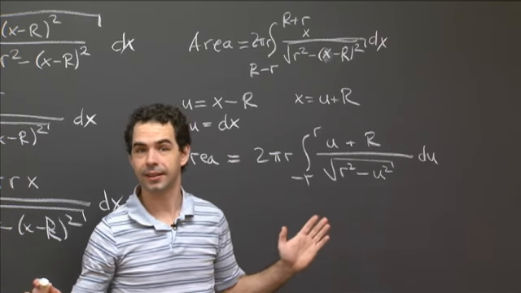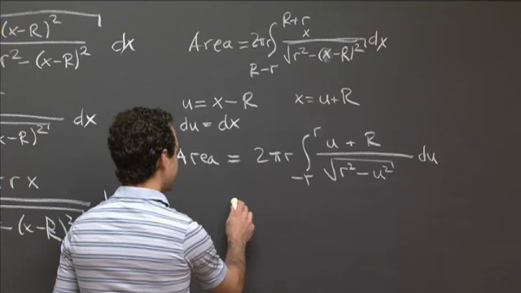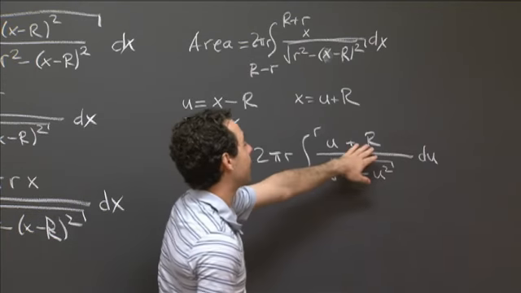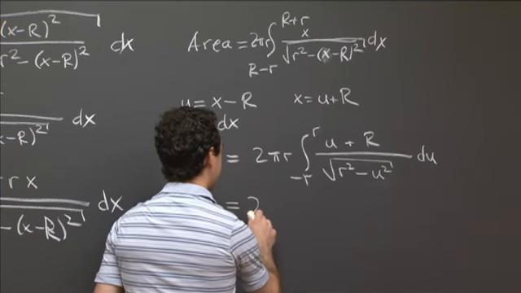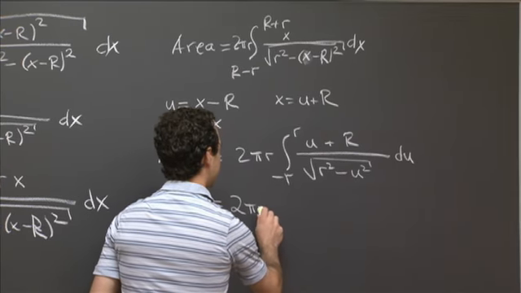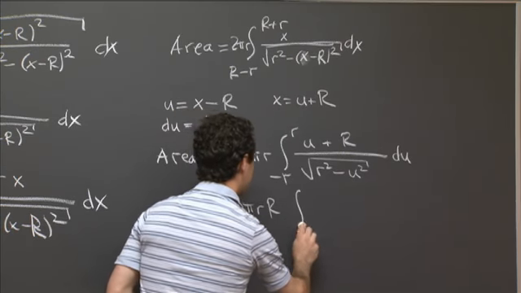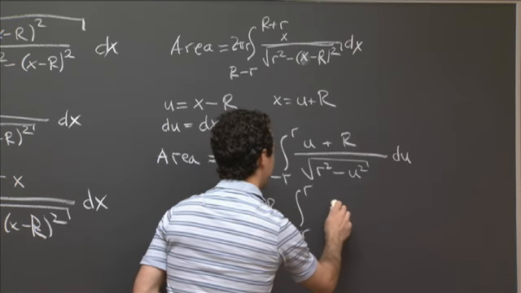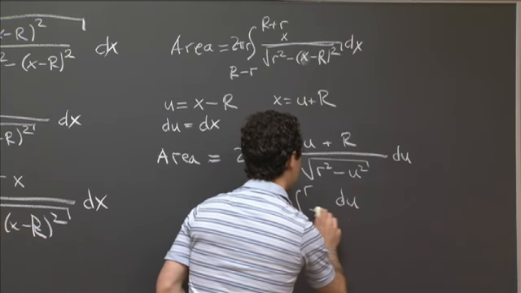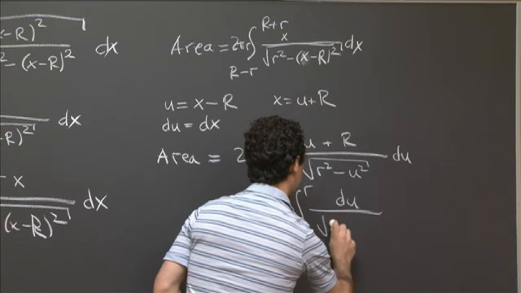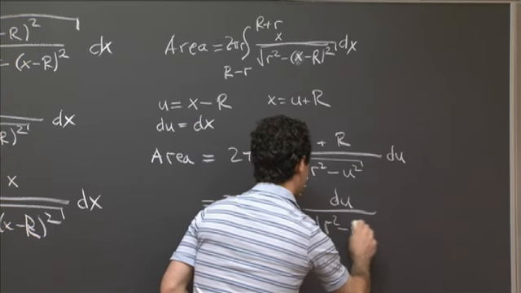So I can forget about that entirely. This is nice, and then I'll have a constant here, so I'm going to factor that out as well. So I get 2 pi little r big R times the integral from minus r to r of du over the square root of little r squared minus u squared.